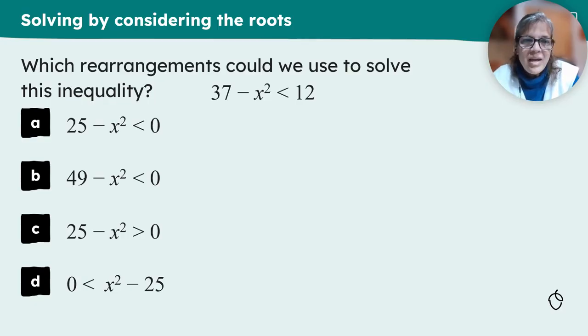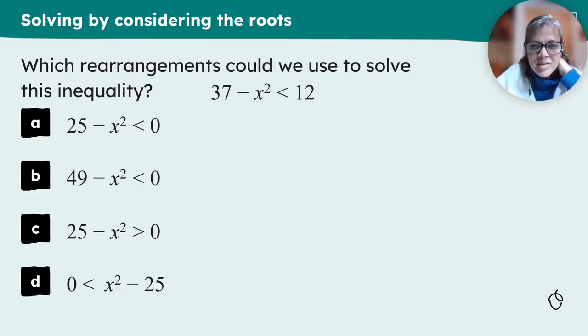Okay, if you are given roots that are like a rearrangement of this inequality, which one of these could you solve with it? Okay, this is a bit of a challenge question. If I have 37 minus x squared is less than 12, which one of these inequalities can I solve if I rearrange this?